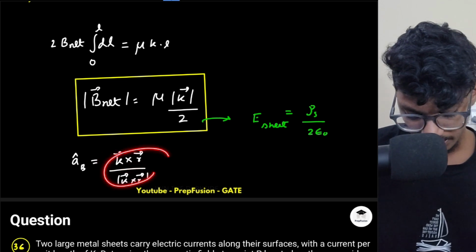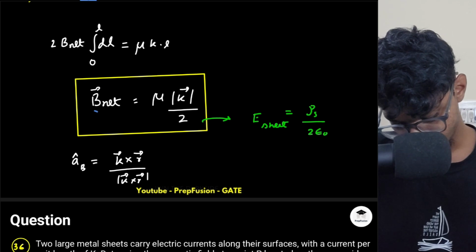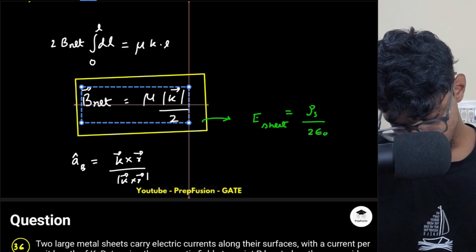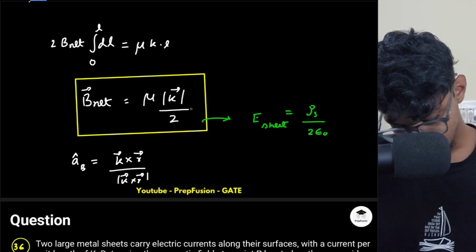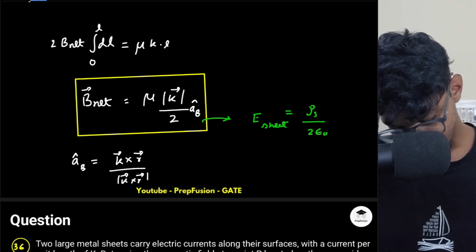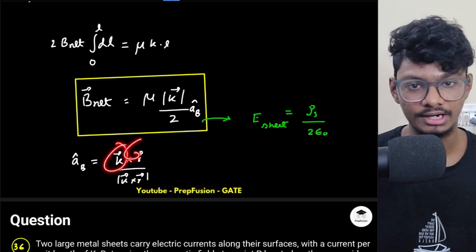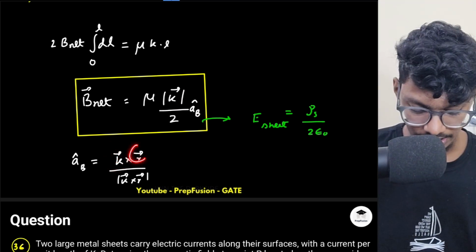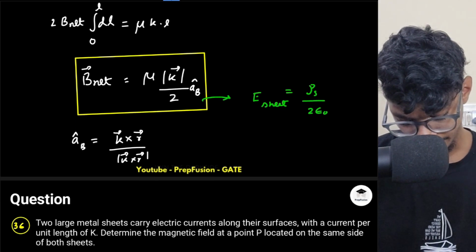So this will give you the direction of AB. So your B net, I can properly write in a better way. B net will be equal to mu times magnitude of K in the AB cap direction, and AB cap is simply the perpendicular to both K vector and R vector. K is simply the current element and R is the perpendicular distance. I hope you get the point. R is the perpendicular distance.